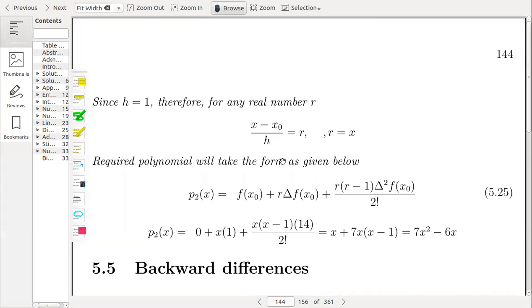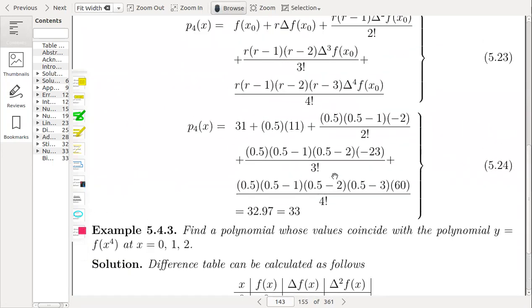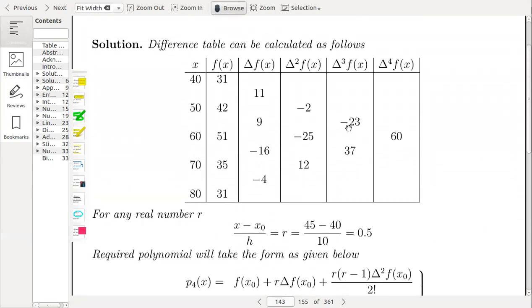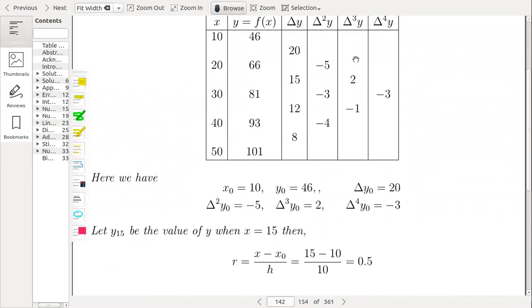And here, because the value of h is 1, we can write r equal to x. So the required polynomial can be constructed by only replacing r with x. Then we will have a quadratic polynomial 7x square minus 6x. So that is the advantage of this Newton's forward difference interpolating polynomial.